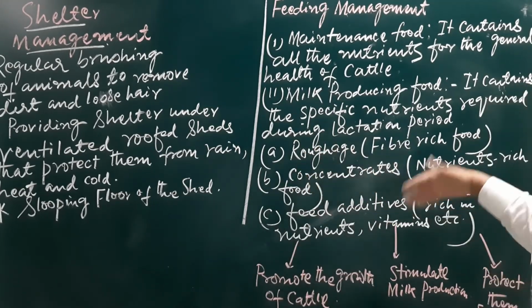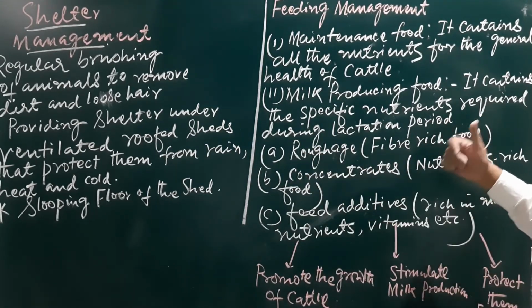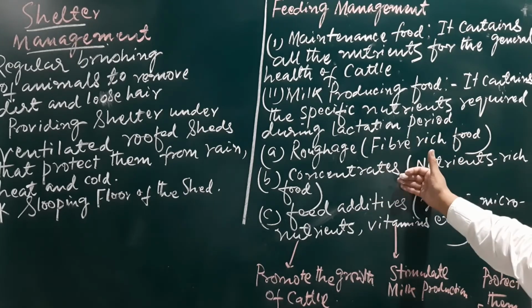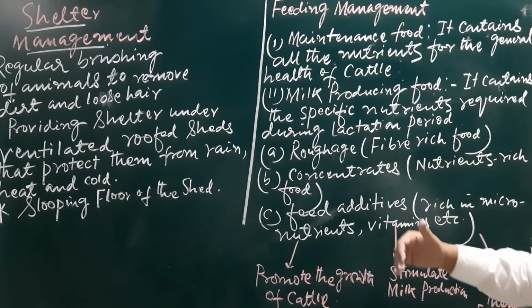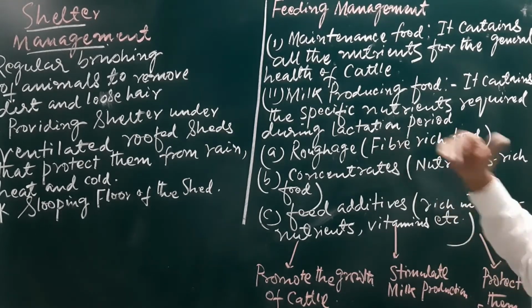Number one, roughage, which is rich in fiber, and the concentrate, rich in protein and nutrients. Understand? So these are the concentrate food materials and the roughage food materials.